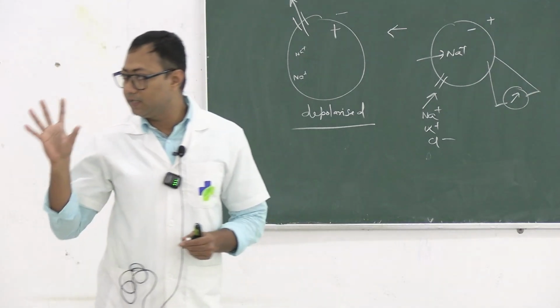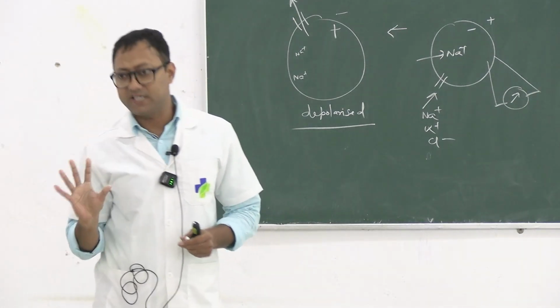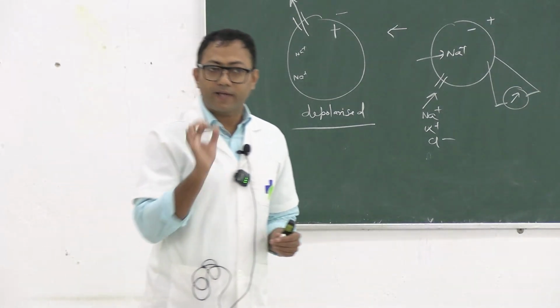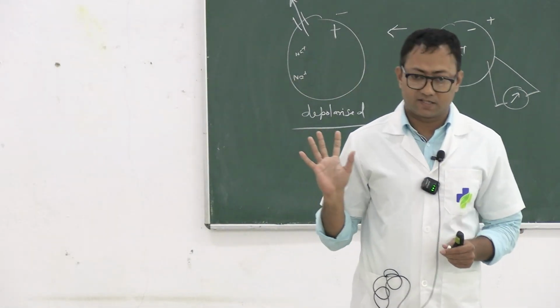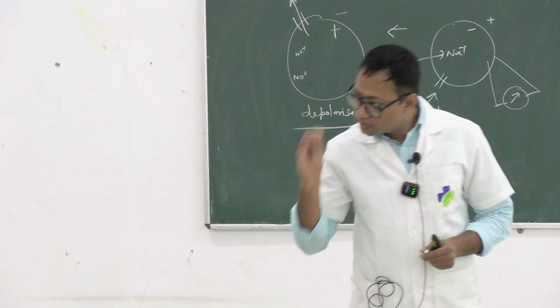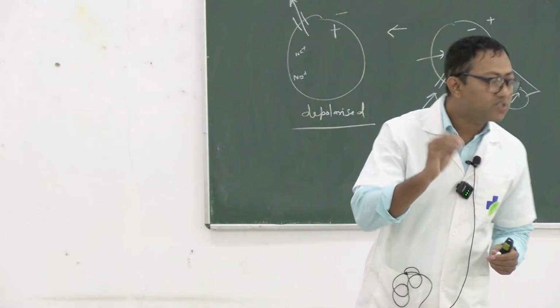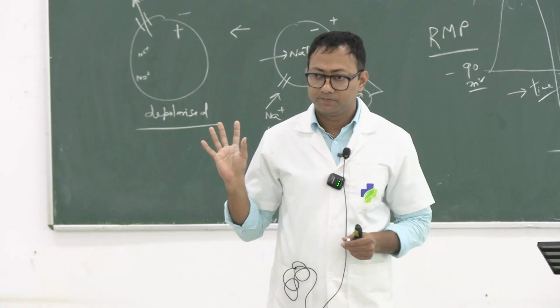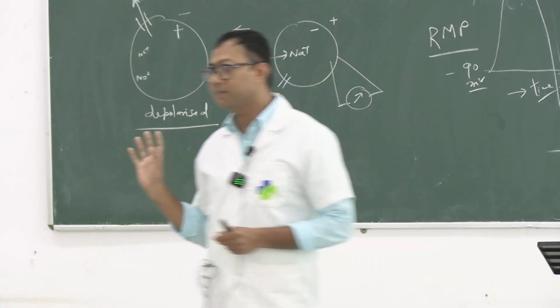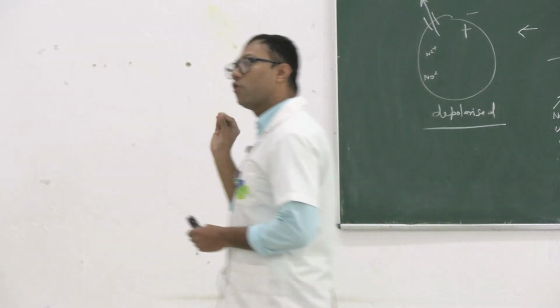But all the animal cells are not excitable. That means you cannot change the membrane potential for all cells. There are specific cells in our body which are excitable and others are non-excitable cells. Getting my point? So, all cells are not excitable.